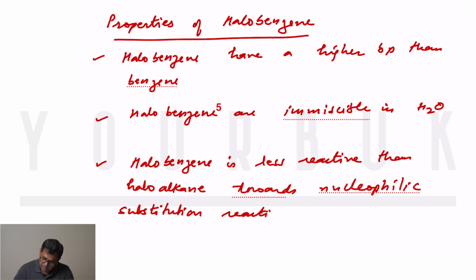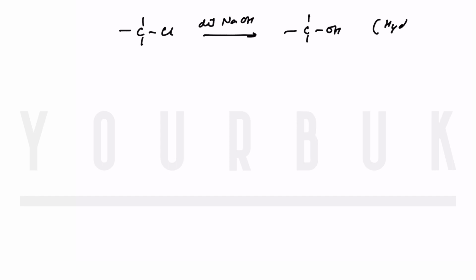It means it's difficult to replace the halogen from halobenzene than the halogen from haloalkane. For example, if you react chloroalkane with dilute aqueous NaOH, the chlorine can easily be replaced to give alcohol. This is called hydrolysis.